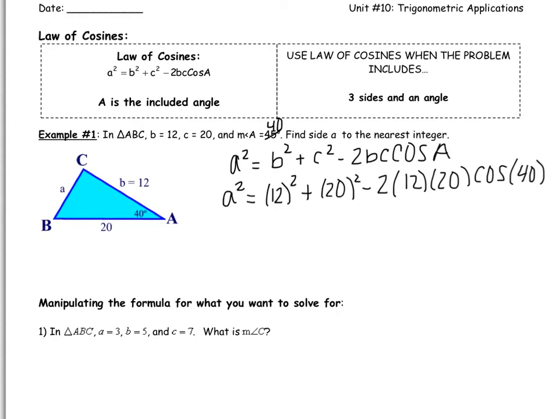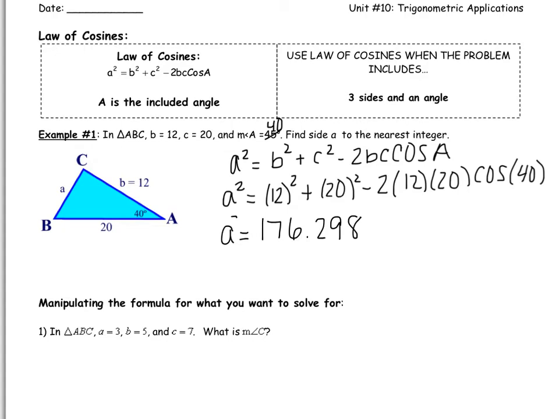Let's do that. So parentheses 12, close parentheses squared, plus open parentheses 20, close parentheses squared, minus 2 parentheses 12, parentheses 20, cosine 40, close. Hit enter. You should get that A is about 176.298.